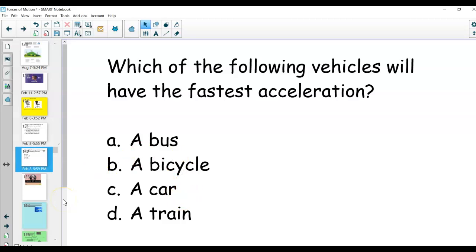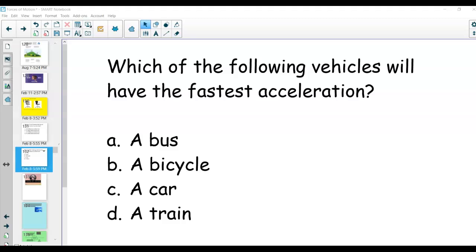Who's going to be able to take off, have a change of speed the quickest? Would you think that a bicycle could reach its top speed quicker than a car could reach the same speed under normal conditions? We're not talking about a car flooring it and trying to race, things like that. We're talking about just under normal conditions.